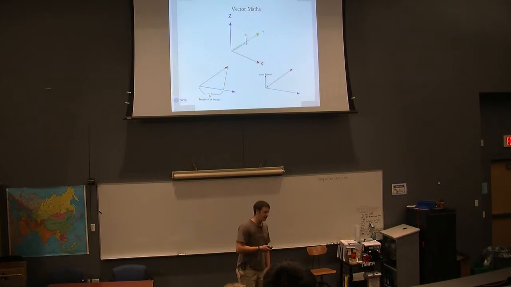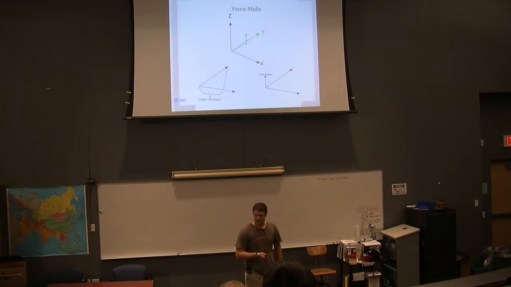So you have 3 values stored in a vector called x, y, and z because of the Cartesian plane, if you extend it to 3 dimensions. The vector can hold anything from the position of an object to a direction or anything involving something in 3D. And you can add 2 vectors, which just means adding the corresponding components. You can subtract them, multiply them, anything you want, just like normal numbers.